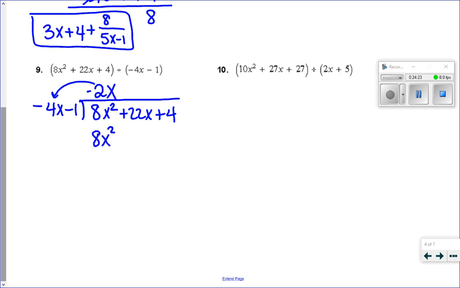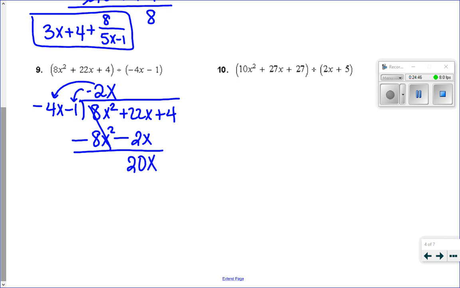I also need to make sure I do negative 2x times a negative 1, which will give us a positive 2x. But then I'll drop my line and I'll subtract, right? I'll change all of the signs across. And then combine, canceling these first ones, and then combining these into a 20x.